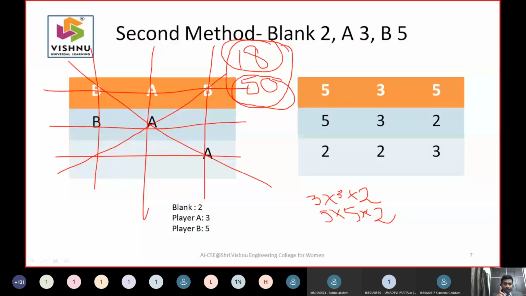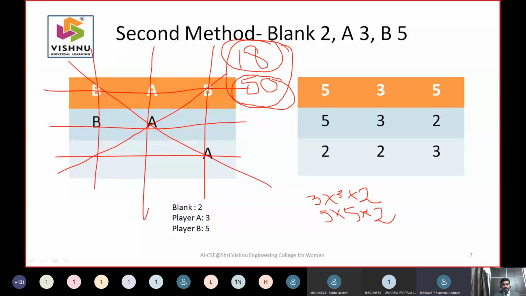Tomorrow we will discuss the second method and the third method in detail again, because I will come with an algorithm tomorrow for this second method. But our third method talks about, instead of changing the values of A, B and blank, better to change the positions themselves. How many positions are there in your tic-tac-toe game? 9.